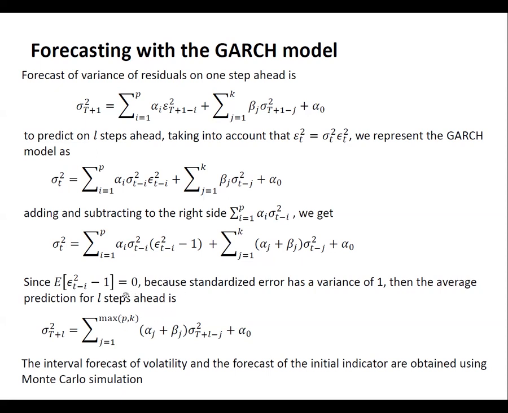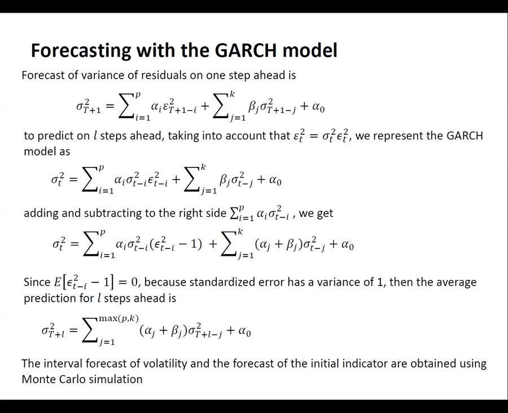Because the standardized error has variance equal to 1, and the average forecast for all steps ahead is equal to the sum of coefficients alpha plus beta multiplied by the previous variance. That is, this is the variance which is the previous forecast, or the model variance if we have estimated historical data instead of the forecast, plus alpha 0.